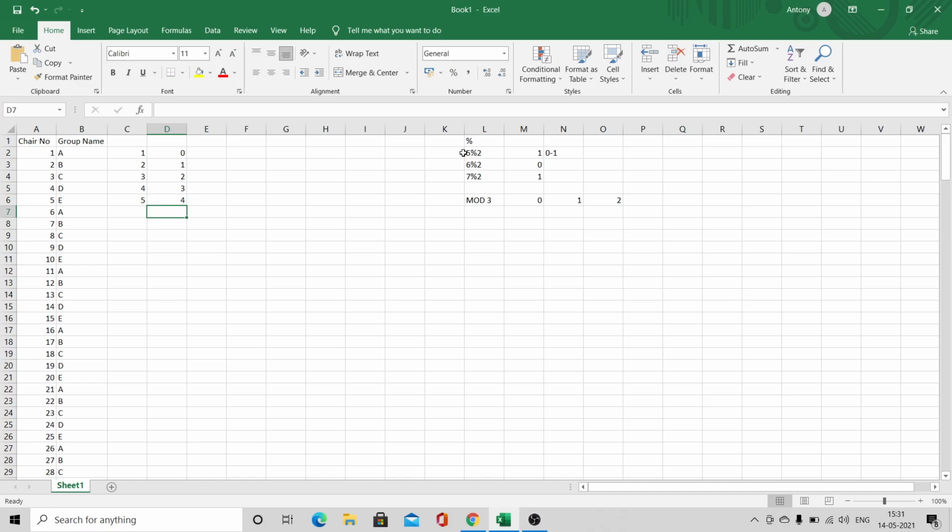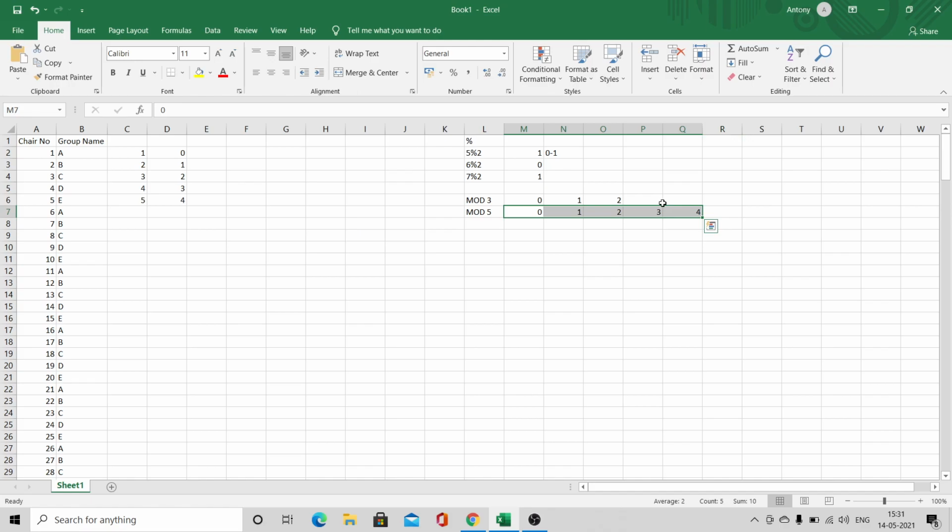To get that output, I can use mod 5. So if I use mod 5, the output can be 0, 1, 2, 3, 4. These are the five outputs.